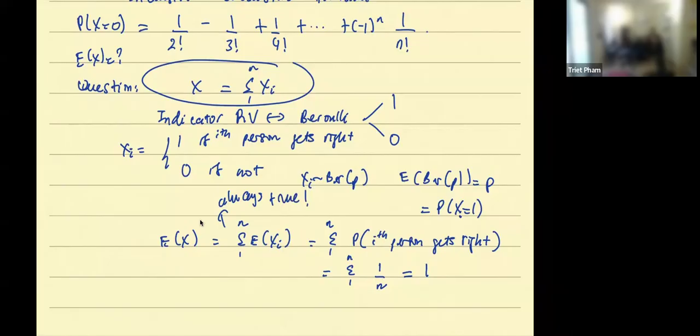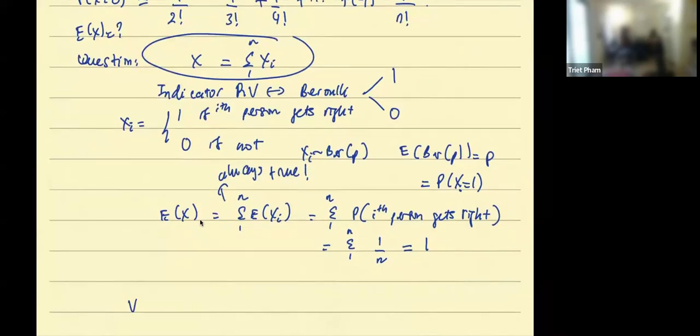Your question, which is a very good question, will be relevant when I compute the variance of x, right? Because the variance of x, in this case, is not the sum of the variance of xi, because the action of the ith and the jth man are not independent.